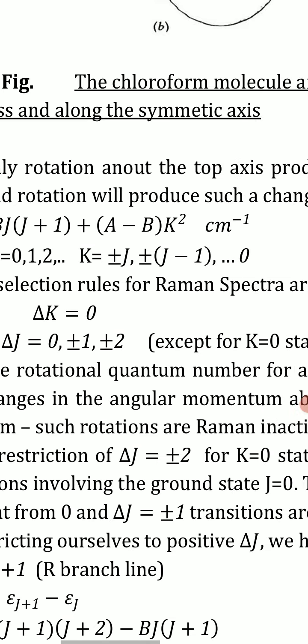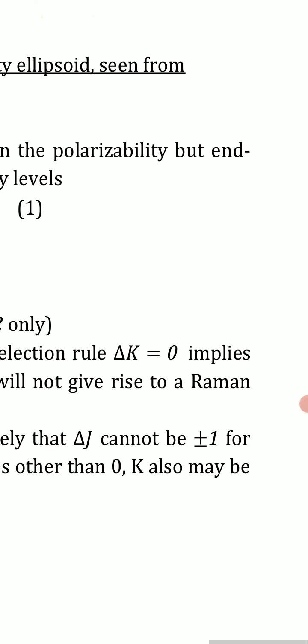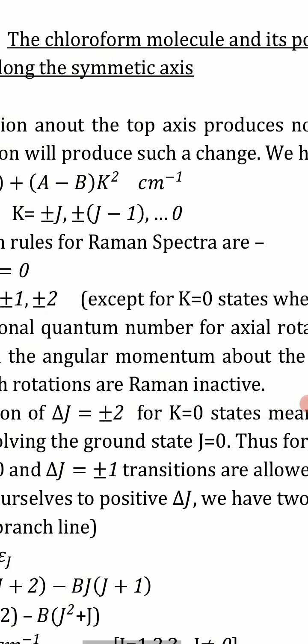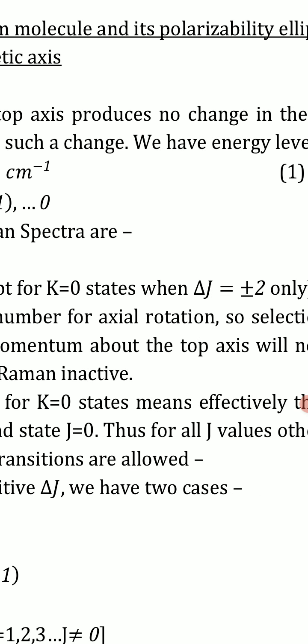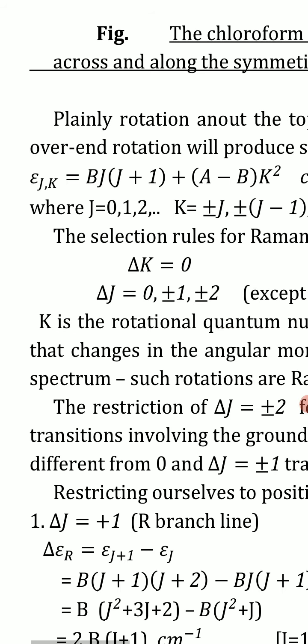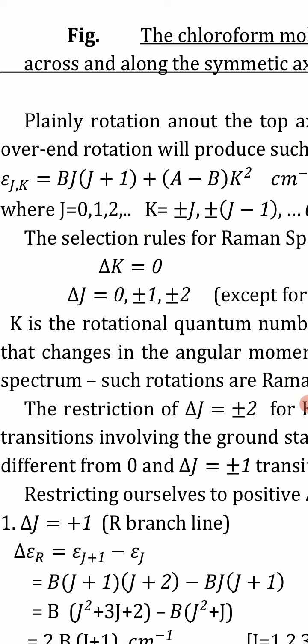Plainly, rotation about the top axis produces no changes in the polarizability, but end over end rotation will produce such a change. We have energy levels. Now energy levels are written by this formula: E jk equal to B j into j plus 1 plus A minus B into k square.